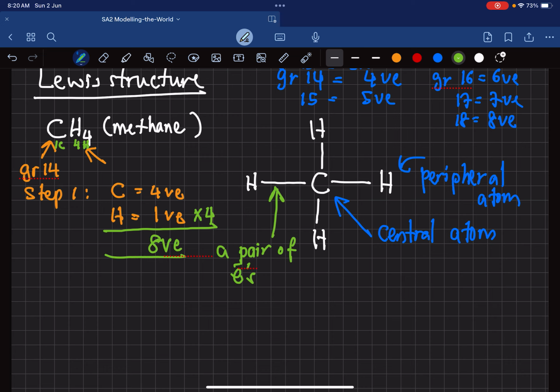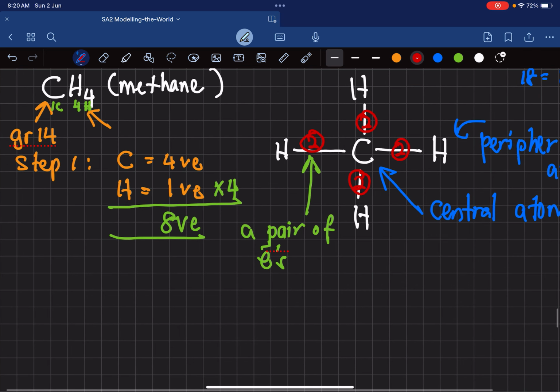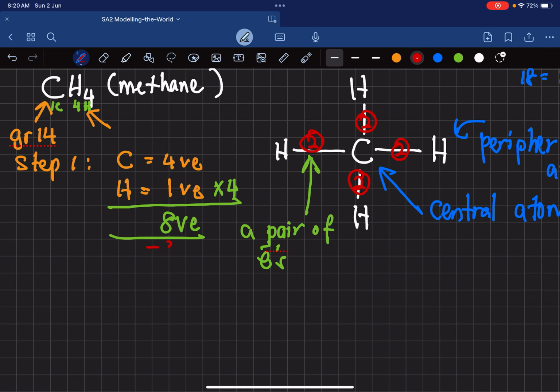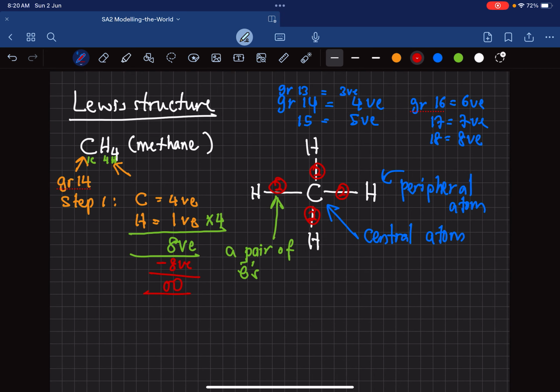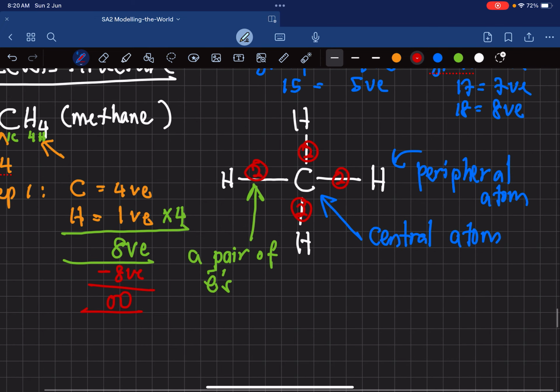So each line represents a pair of electrons. There are 2 electrons here, 2 here, 2 here, and 2 here, which means that all of these 8 electrons have been used up already. So this is the Lewis structure for methane.